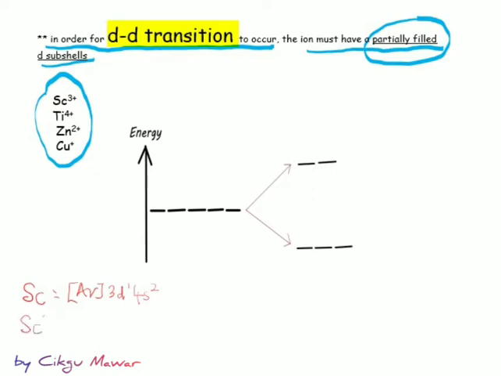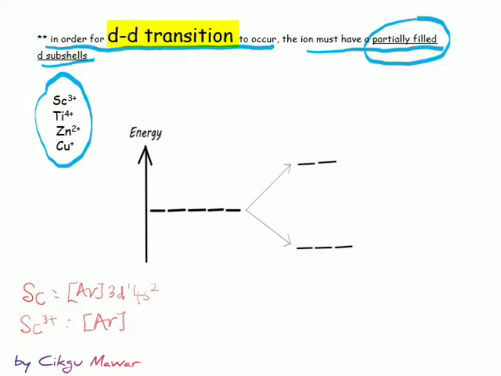Since it is scandium 3 plus, the electronic configuration becomes argon because it removes the 3 electrons. So scandium 3 plus has no electron in the d orbital. How can d-d transition occur when there is no electron in the d orbital?